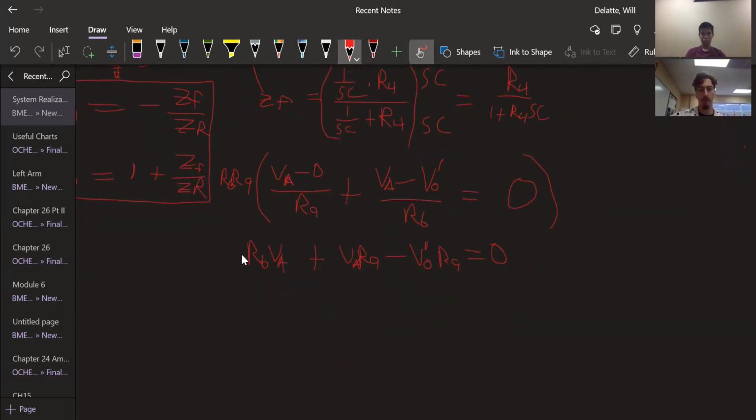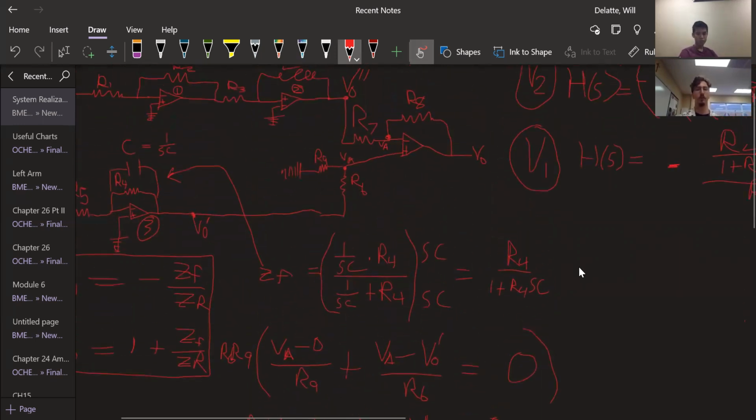I already have it grouped here. We're just going to pull our VA out of this term, which is going to leave us with R6 plus R9 times VA equal to V out prime R9. And so we get VA equals V out prime R9 over R6 plus R9. There it is. It is beautiful. And we will use this to plug in to our next nodal equation.